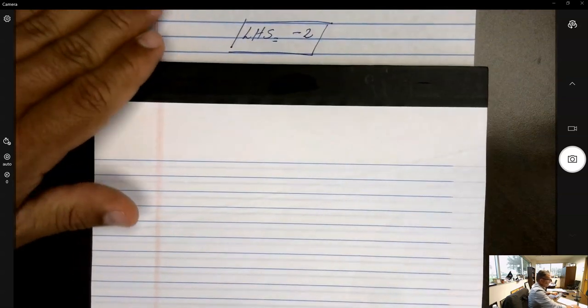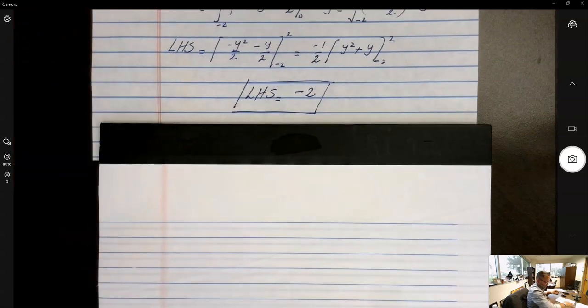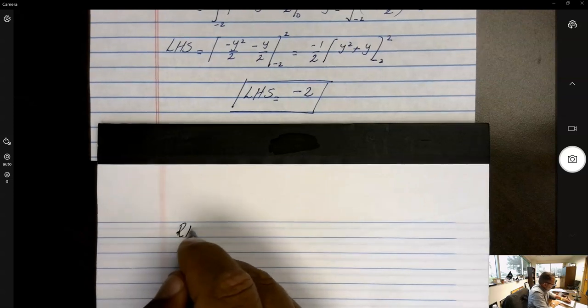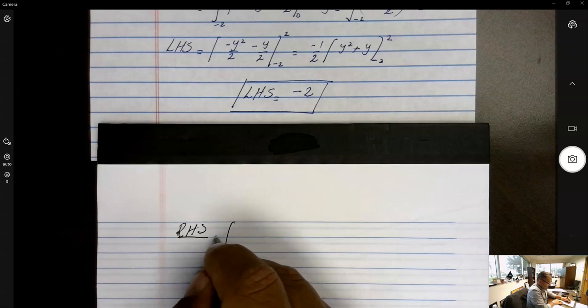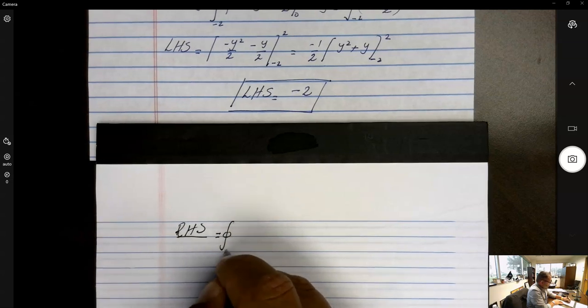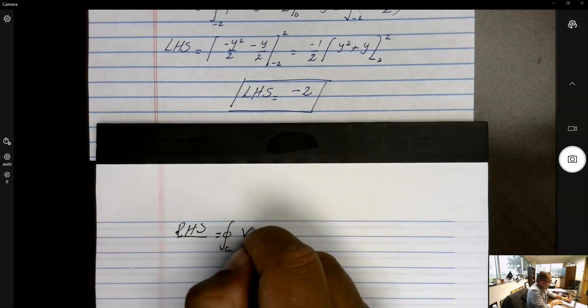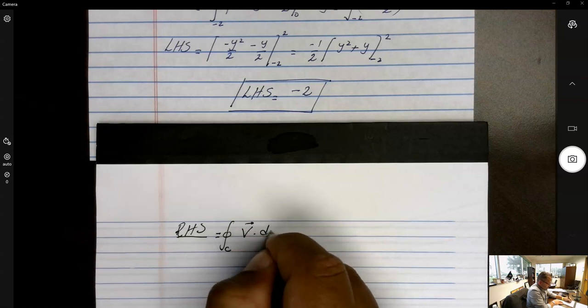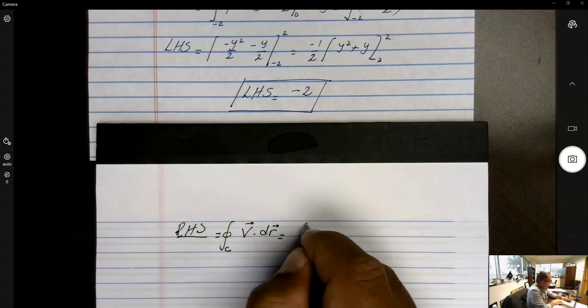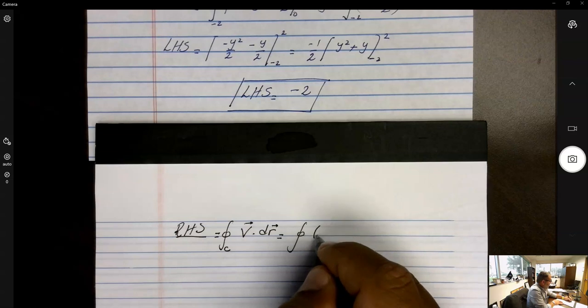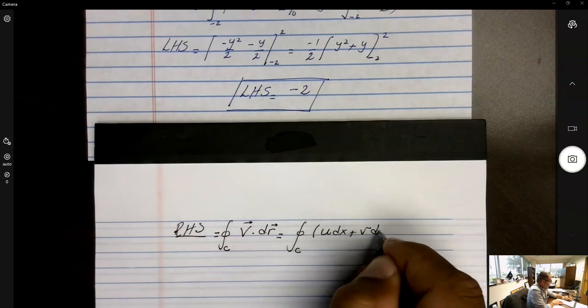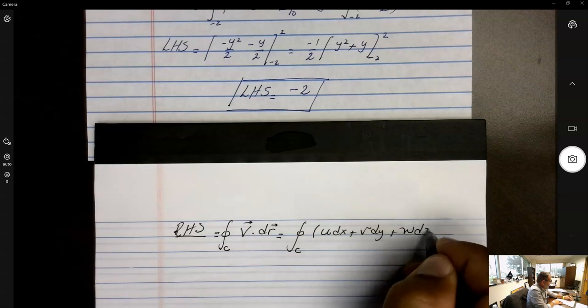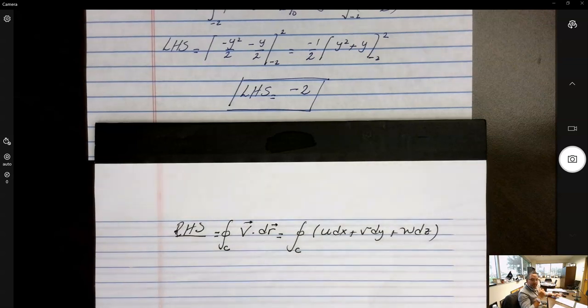All right. Now let's look at the right hand side. Remember we have the integral over the closed line C of v dot dr, which is basically the integral over C of u dx plus v dy plus w dz.